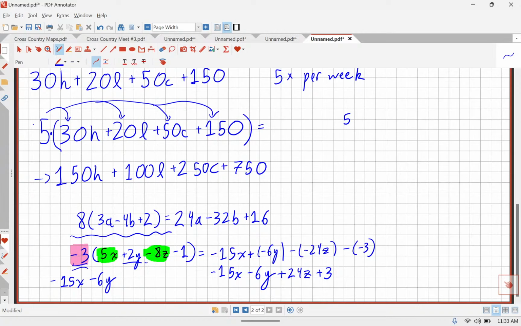When I see negative 3 times negative 8, I think positive 24z. When I see negative 3 times negative 1, I think positive 3. Much cleaner. And it's the symbol to the left that counts. So when I look at this, I think of that as a positive 2y, a negative 1, a negative 8z, a positive 5x. That's how I would do that.